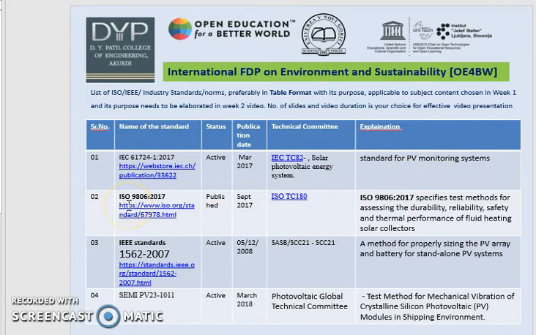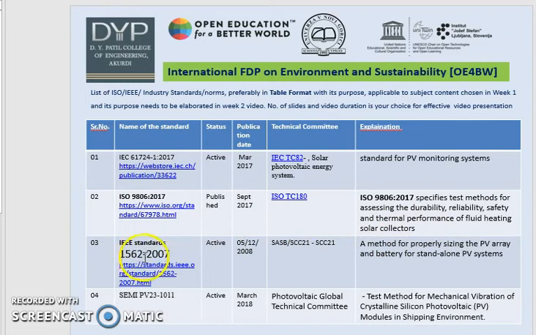The second standard is ISO, the International Organization for Standardization, 9806:2017. It is published, and the publication date is September 2017. The technical committee is ISO TC180. It specifies test methods for assessing the durability, reliability, safety and thermal performance of fluid heating solar collectors.